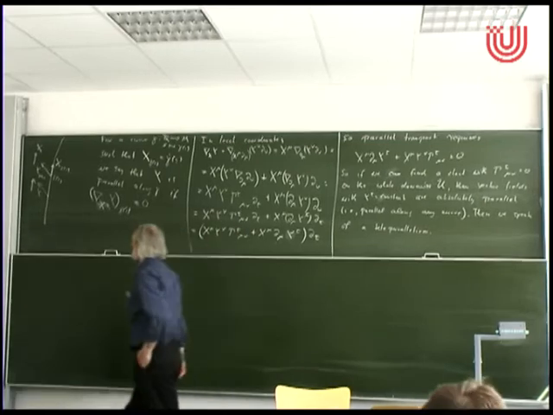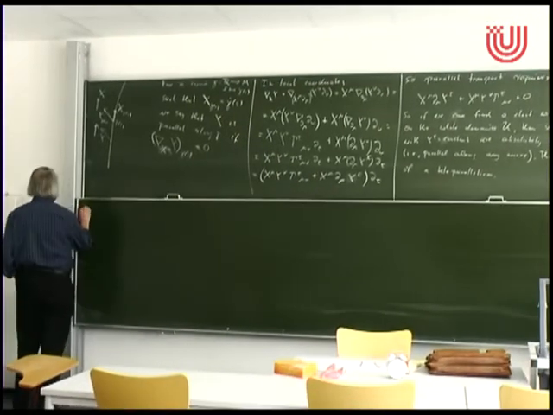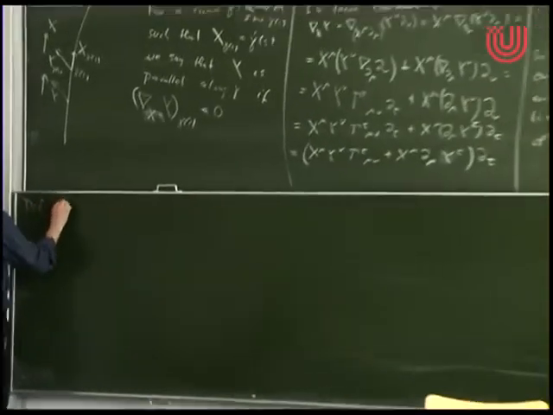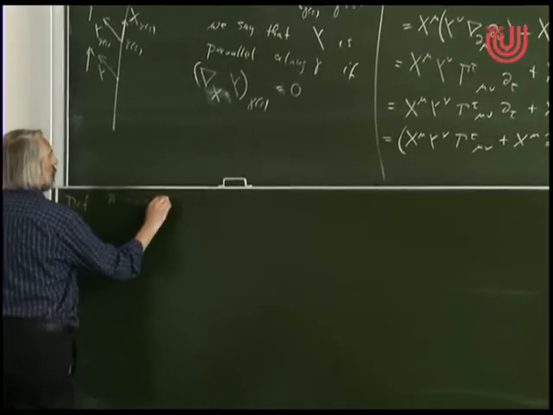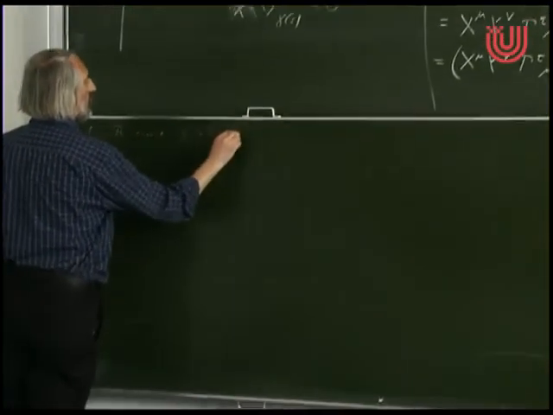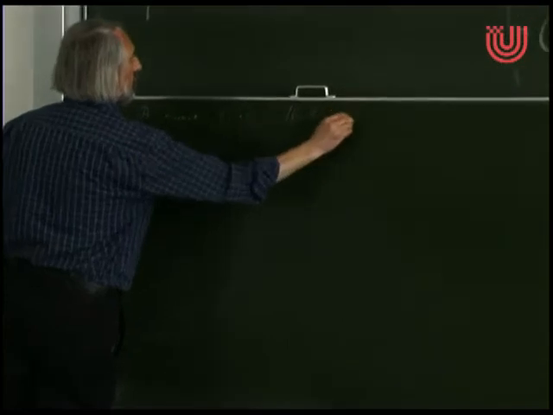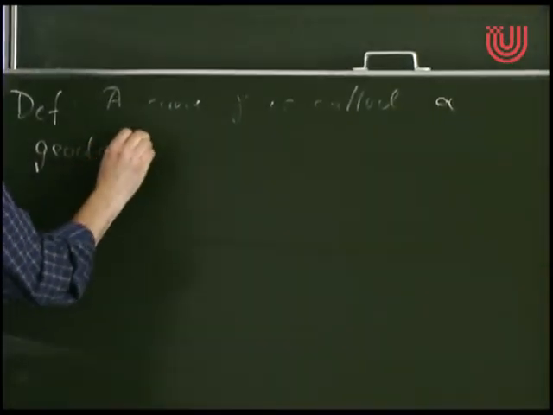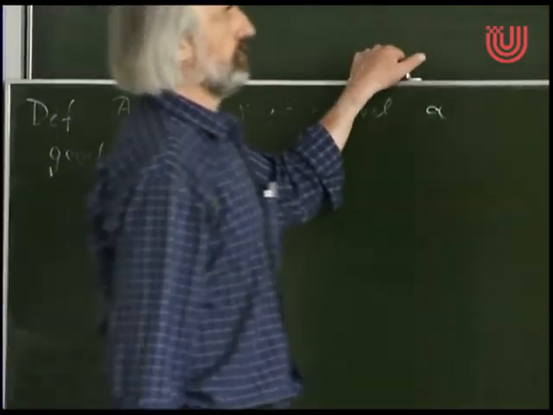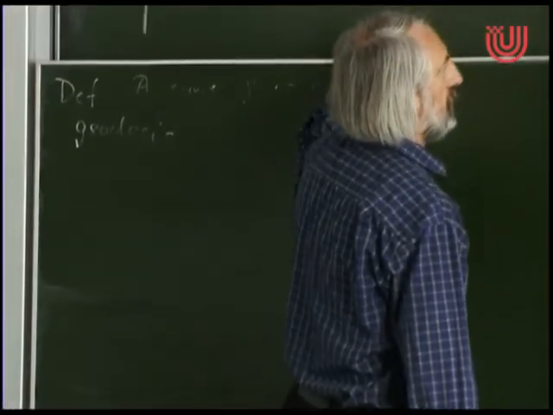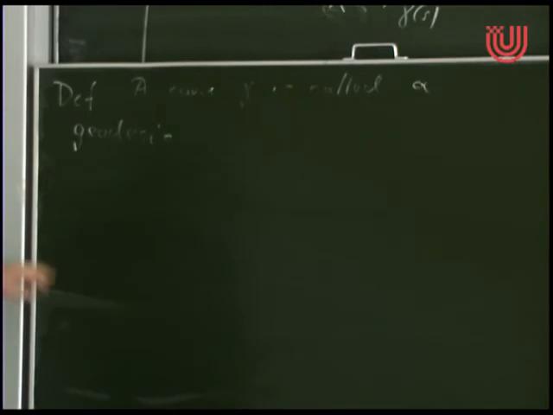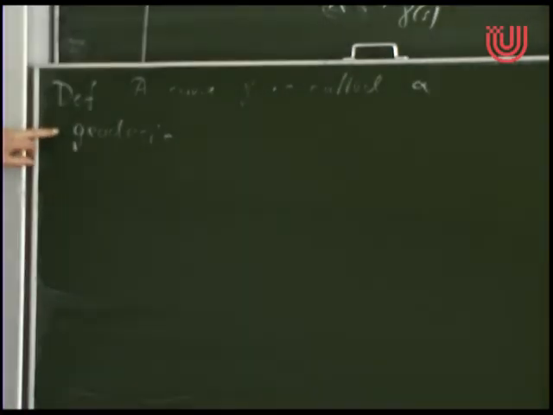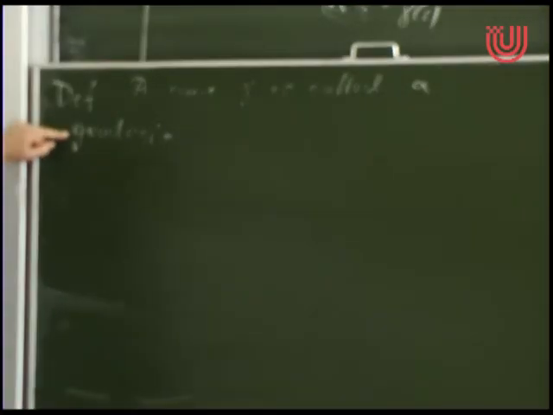So the definition is the following. The curve gamma is called a geodesic. Also English or American people do not agree about the pronunciation. I think 50% of them say it one way and 50% of them say it the other way.